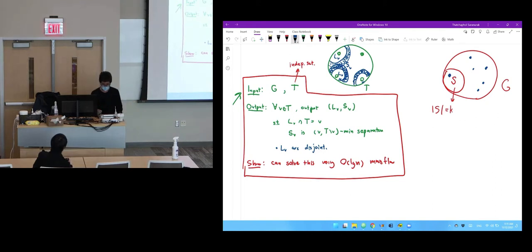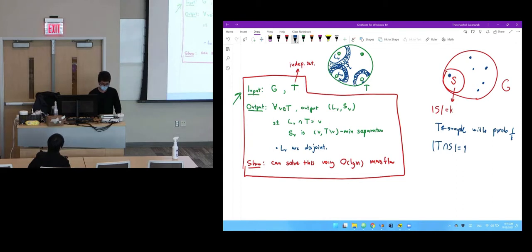So let's assume now that T is sampled with probability 1 over k.